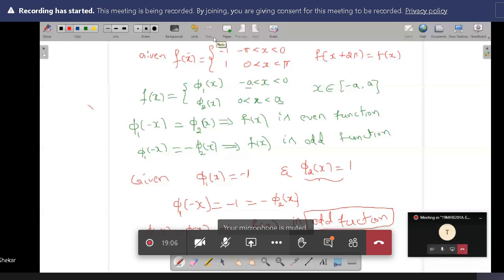So now what we need to find is the Fourier series of this f of x.